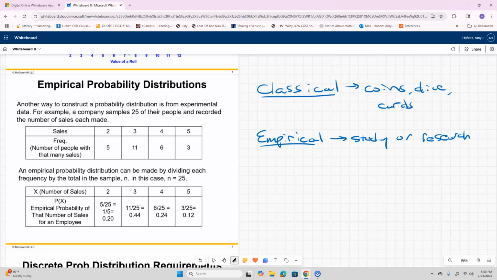So in this case, we have an experiment or research study, and they sampled 25 people of their company and recorded the number of sales that they made.